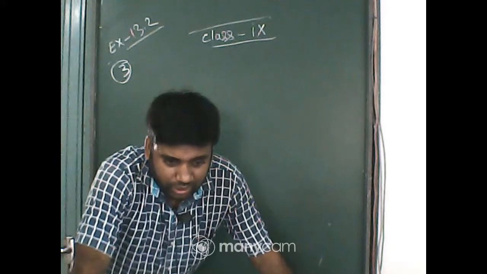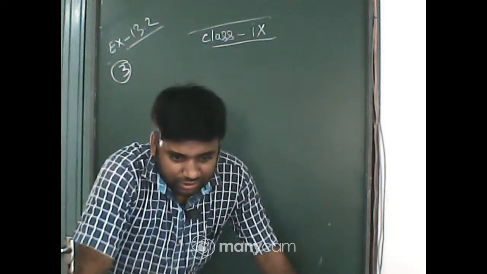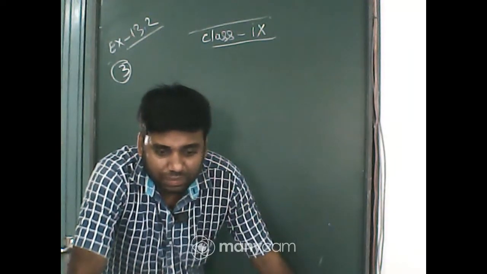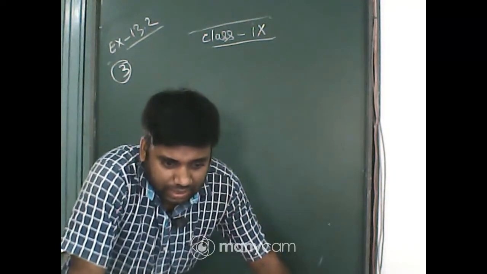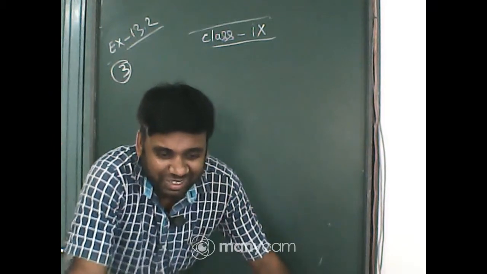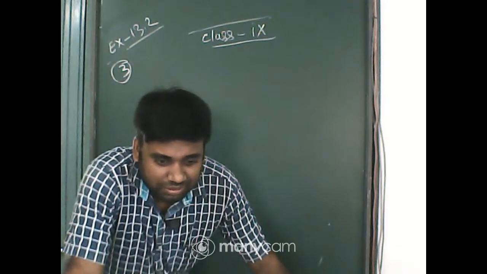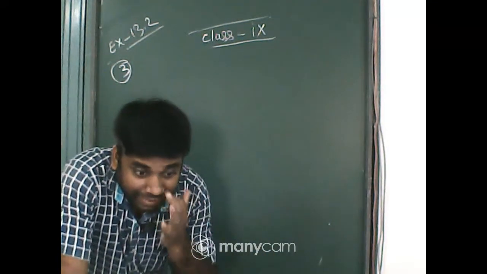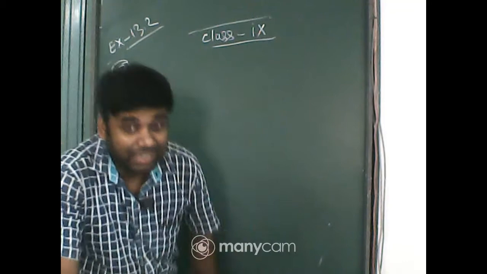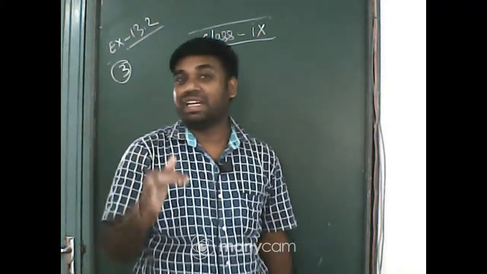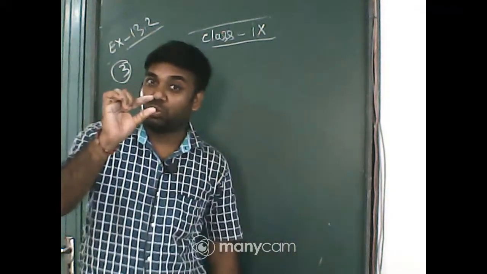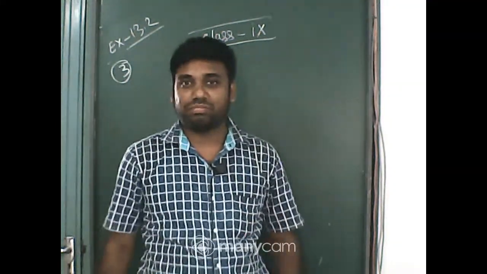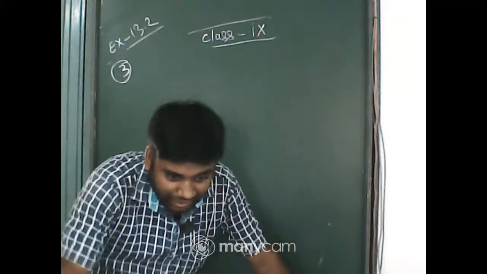Okay. I want to see who will give the most attractive example. Candle, yes. In the initial stage the upper portion is a cone, but after burning some part it is cylindrical.